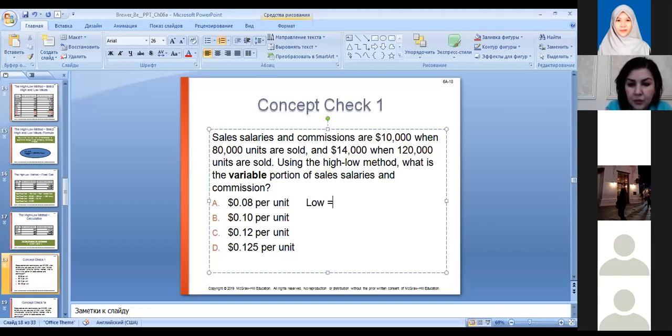So low is 80,000 units. Okay, let's look at high: 120,000. It would be better if we replace it here: high 120,000 and low 80,000.